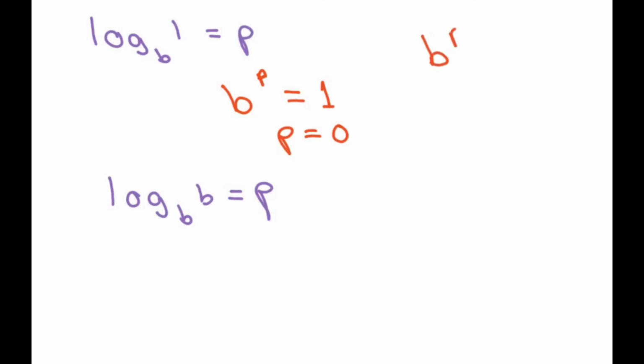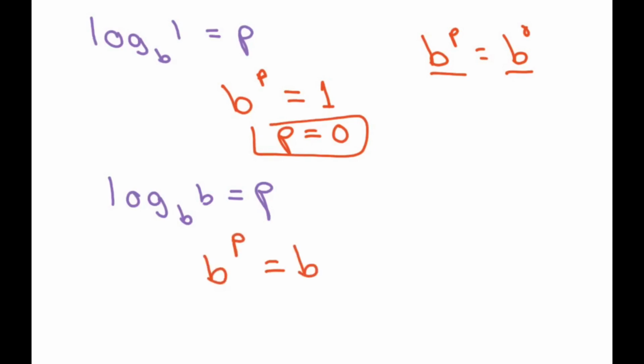Or you could write it like this, because you want to have the same bases. So p equals 0. In this case, we have b to a certain power equals b. In that case, p equals 1. You could even write the 1 right there.